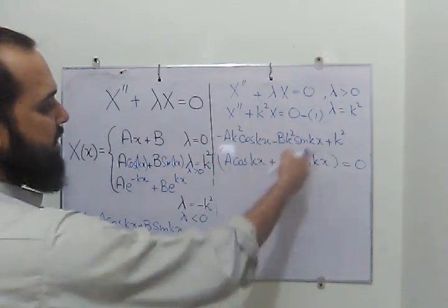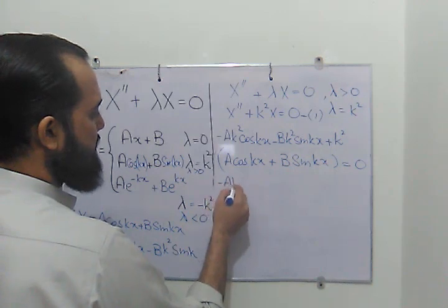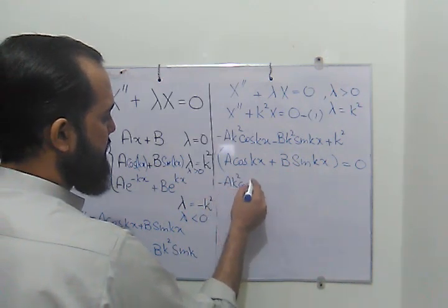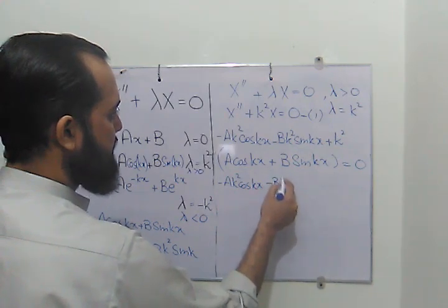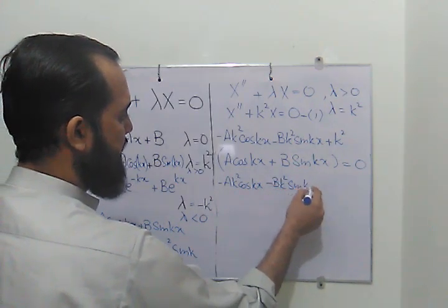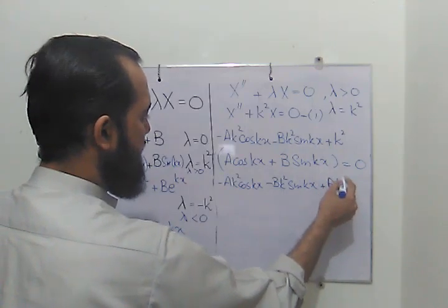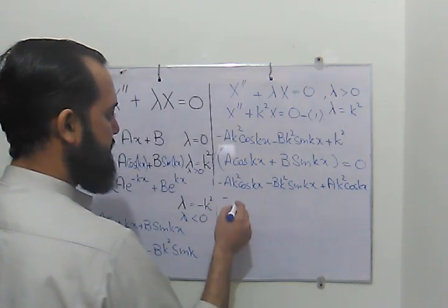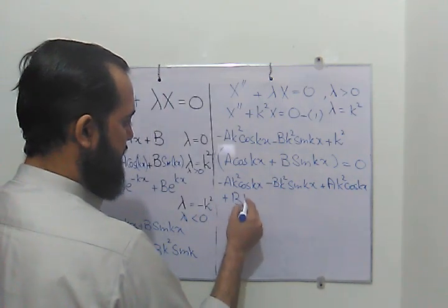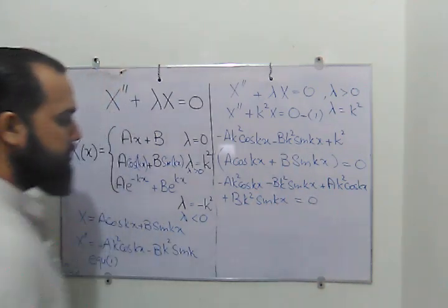So when we multiply k square in the bracket, we get the same terms with opposite signs: minus a k square cos kx minus b k square sine kx plus a k square cos kx plus b k square sine kx, which is equal to 0.